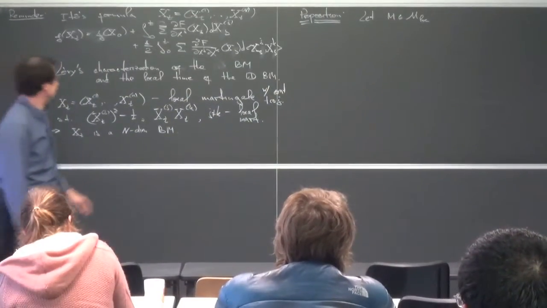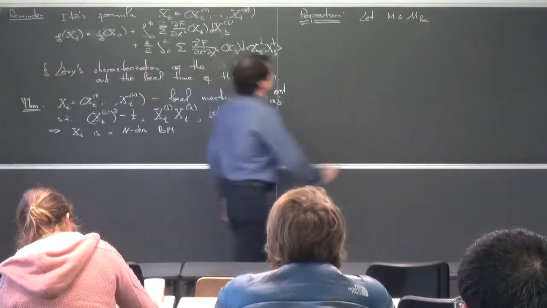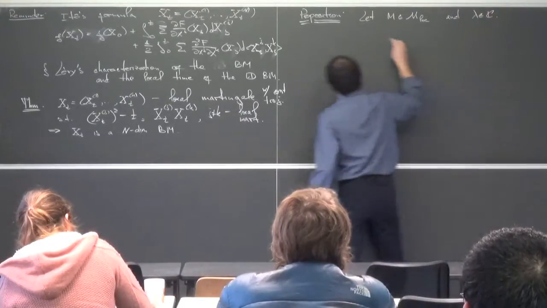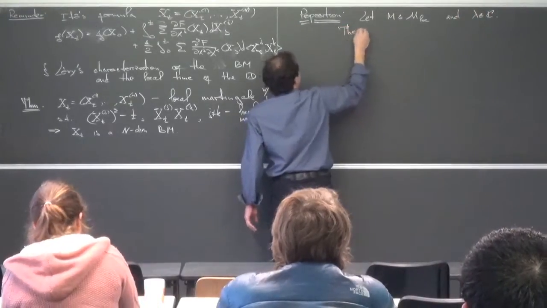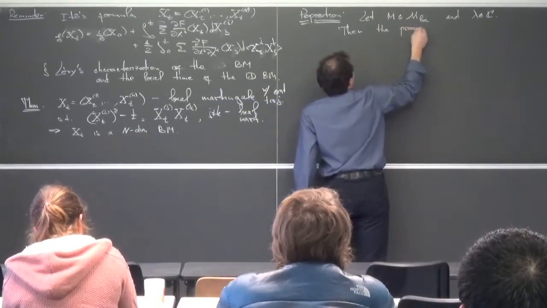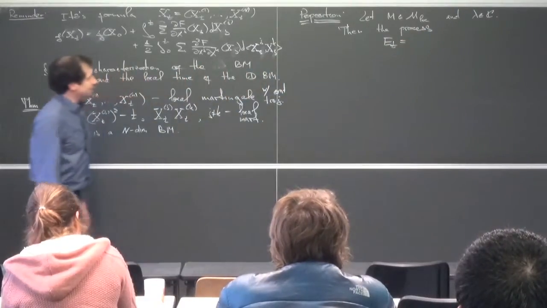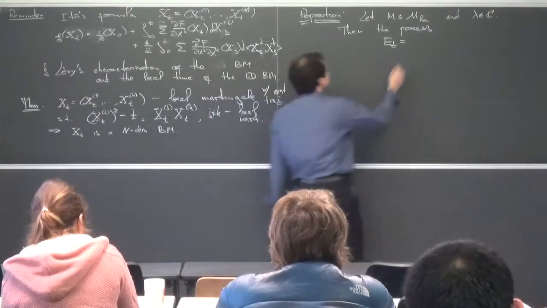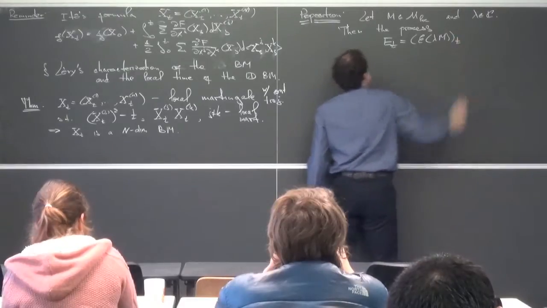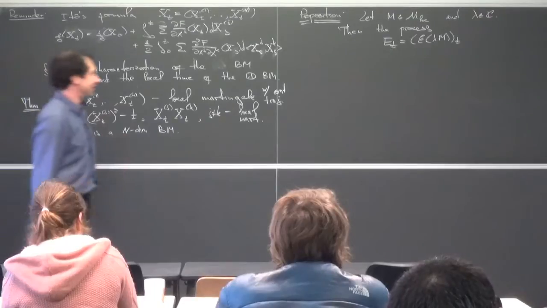So let M be a local martingale and take some complex number lambda fixed. Then the process, which I also maybe later will denote this way, though we have only 2 lectures, so it's not clear if I have enough time.